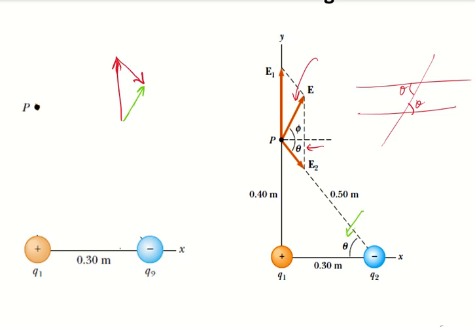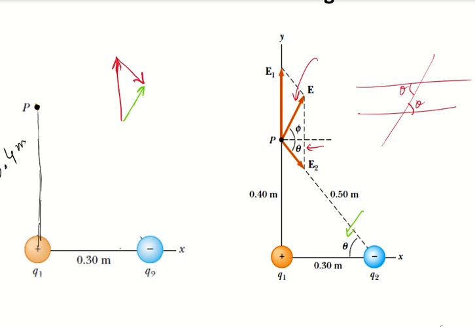But how do you determine theta and the other things? It's simple, but you have to determine the distances. Assume we are given this distance, which is 0.4 meters.